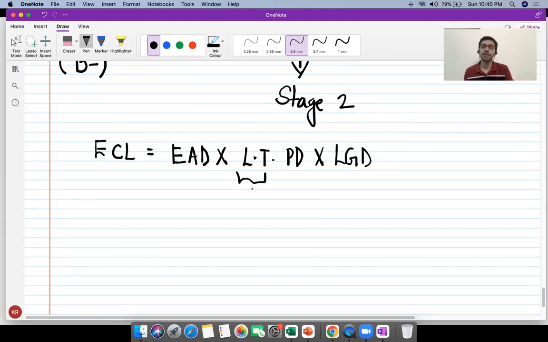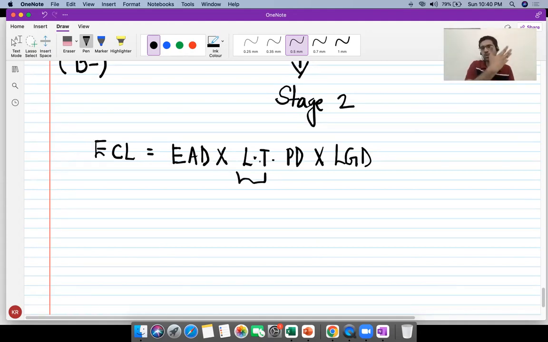What does this lifetime mean? This lifetime basically means that I am now no longer interested in the probability that he will default in the next 12 months. I am interested now in the probability or the chance that he will default in the remaining tenure of the loan.